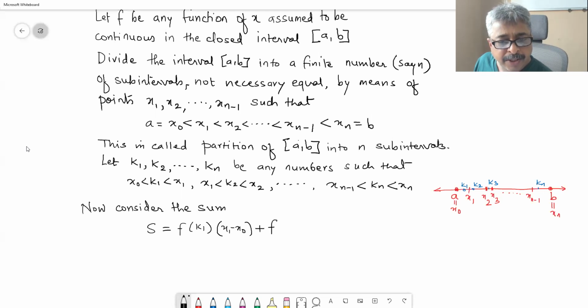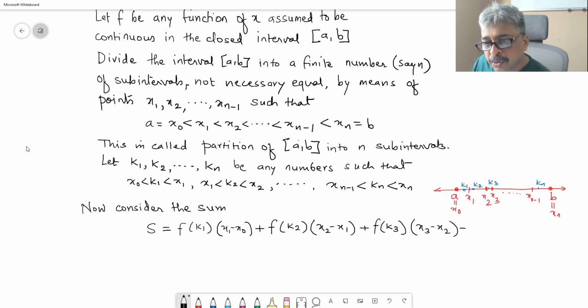Add, evaluate the function at k2 multiplied by x2 minus x1. Add, evaluate the function at k3 multiplied by x3 minus x2, plus dot dot dot plus evaluate the function at kn multiplied by xn minus xn minus 1.